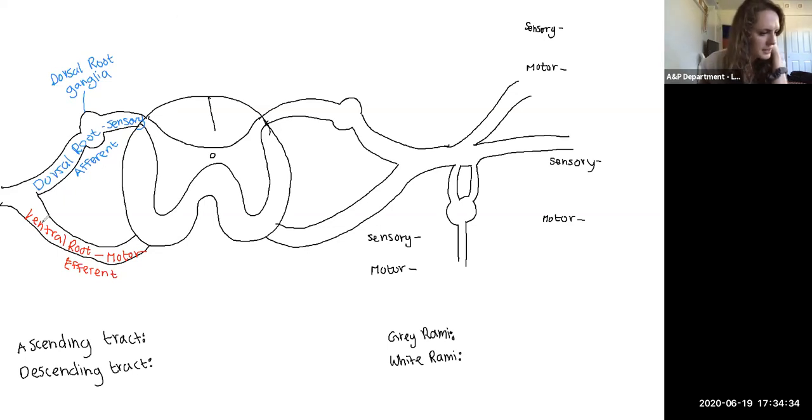A few other things. When these come together, so right here, if we mix it, it makes purple. As these come together, they become both sensory and motor. This is going to be called your spinal nerve.